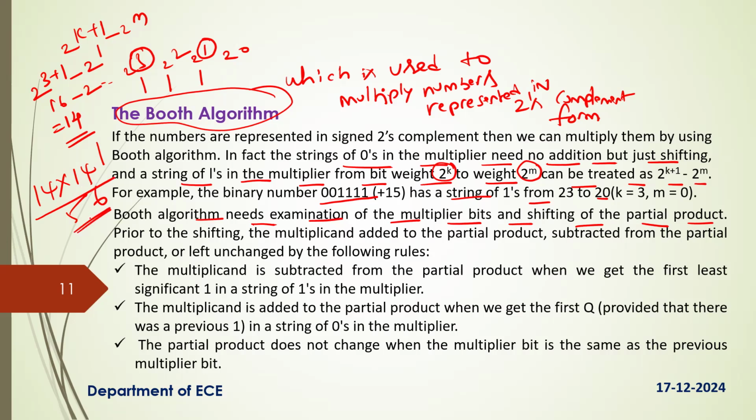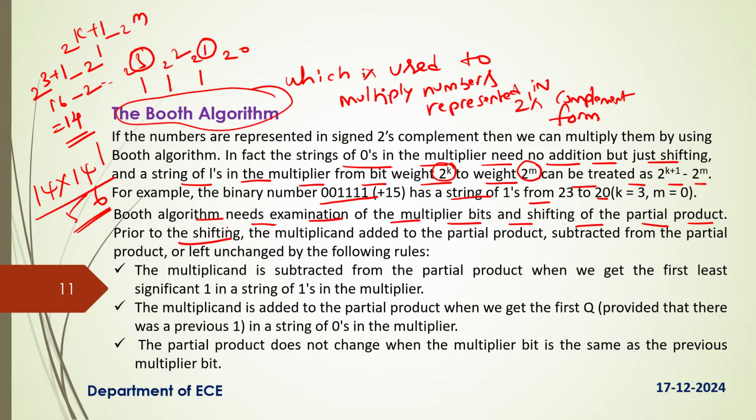Multiplication involves the generation of partial products. When you take all the partial products, to get the final product you have to add all of them. Here also the Booth algorithm needs to examine the multiplier bits and shift the partial product.